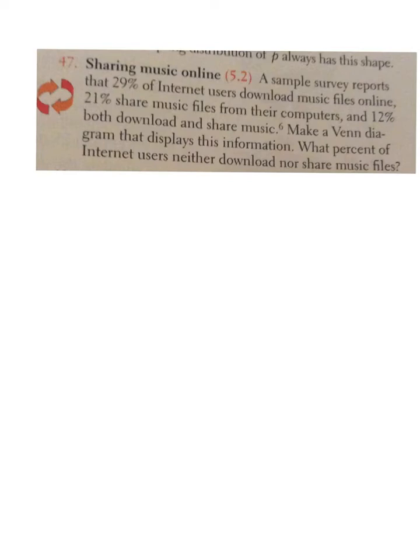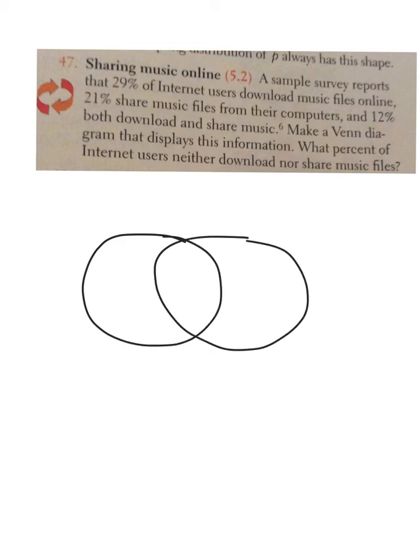Okay, here we go. The Venn diagram. If you remember Venn diagrams, I always start with the thing that says they do both. So that would be 0.12. And then the 0.12 is also part of this, right? So that is the downloading, and we have to take 12 away from 29. And then this is the sharing, and we take 12 away from the 21.